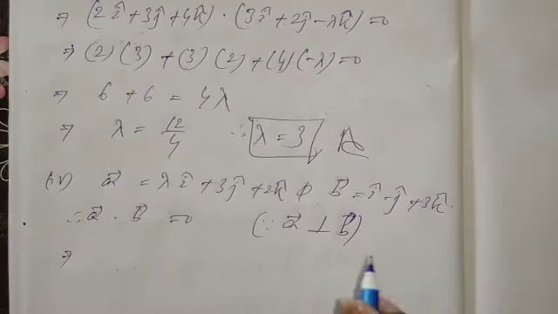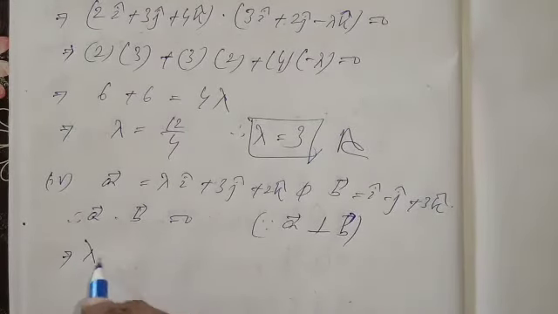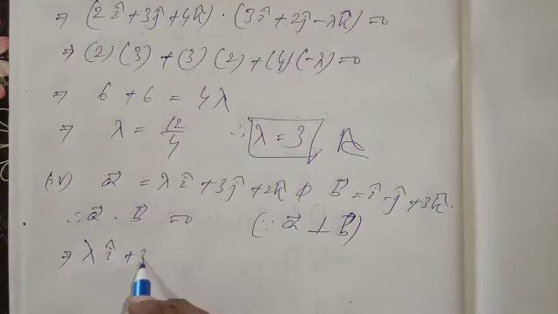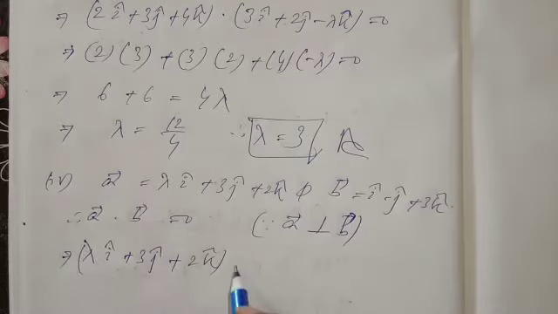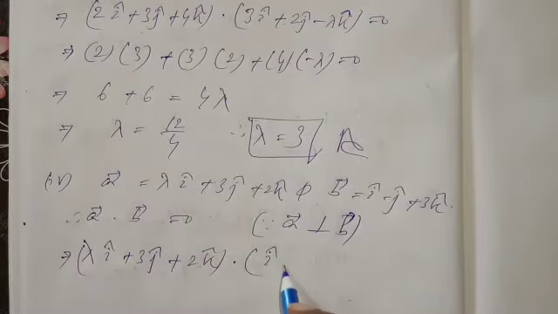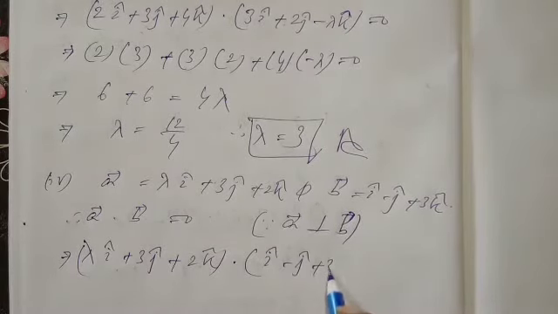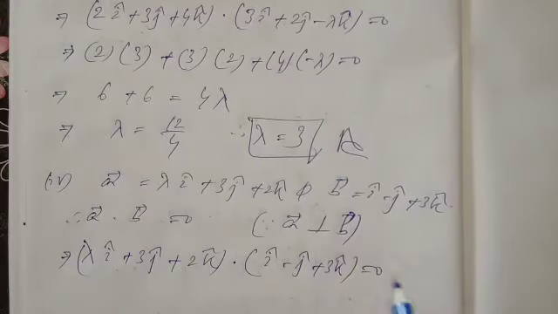That means A vector λi + 3j + 2k dot B vector, which is i − j + 3k, equal to 0.